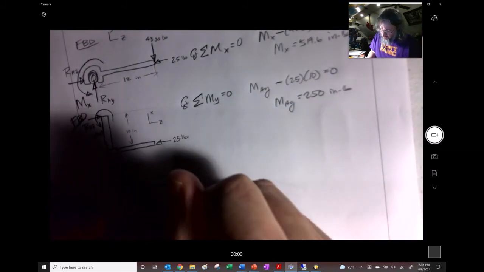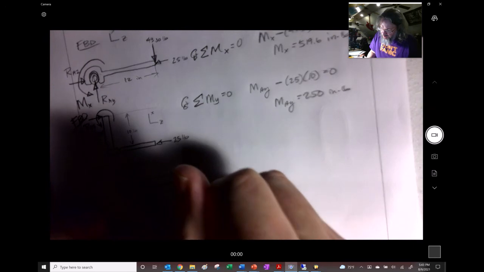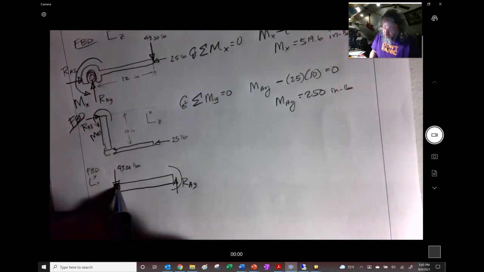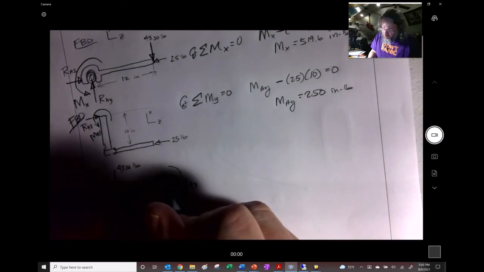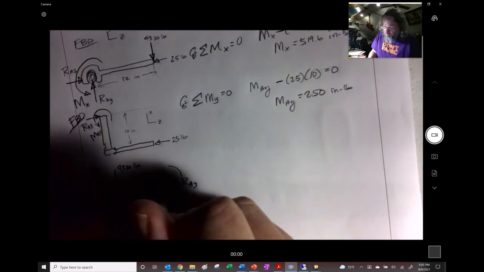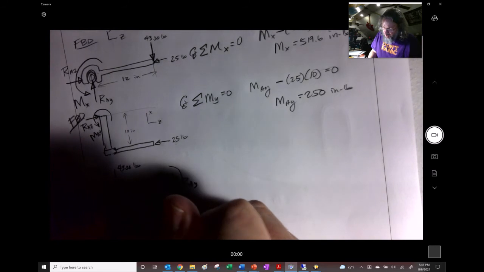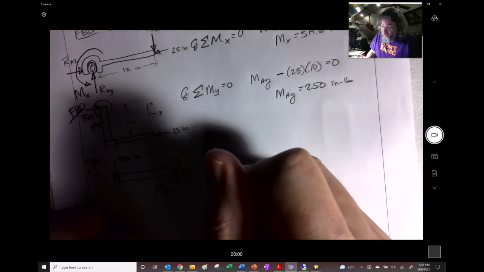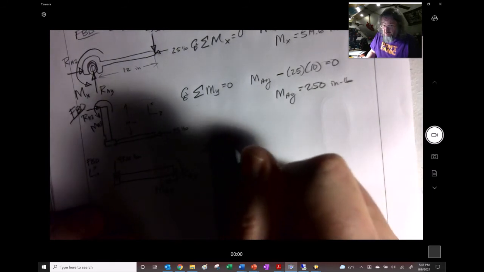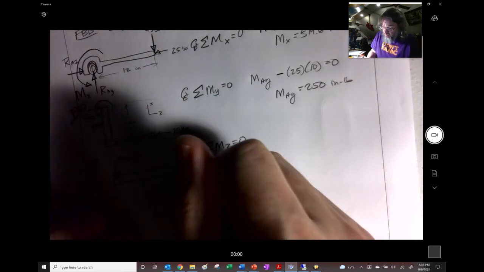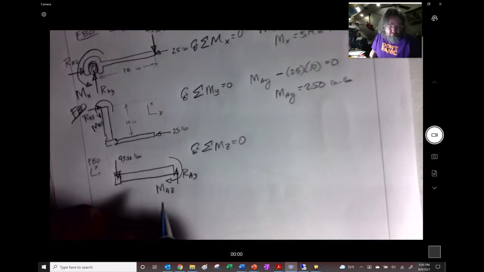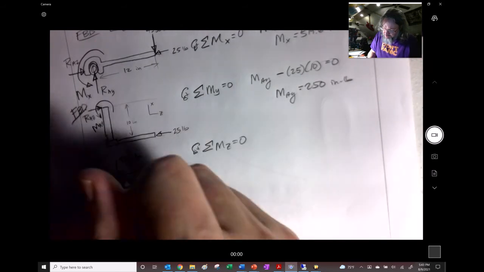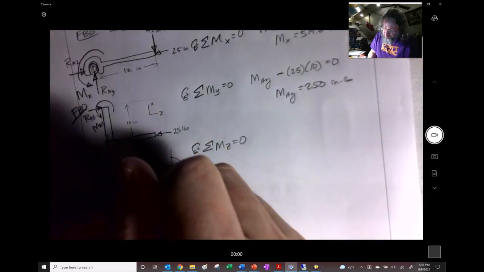Here is my reaction, RAY, and here is my moment reaction, and that's going counterclockwise, so this one must be going clockwise, and that's going to be my MAZ, because it's about the z-axis. Sum of the moments about the z is equal to 0, counterclockwise is positive. I didn't put the dimensions here. This is going to be 10 inches right there.